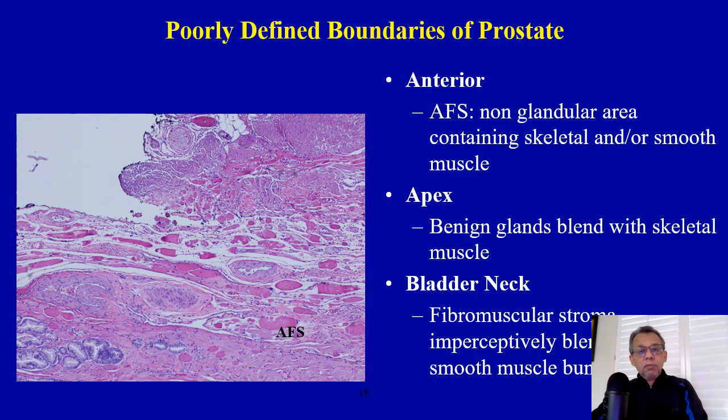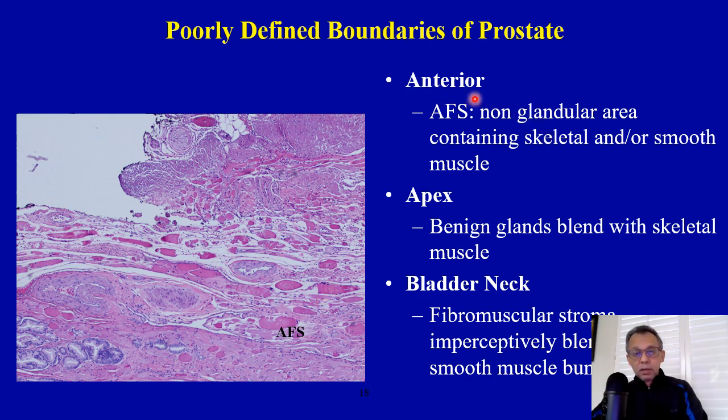So now let's define extraprostatic extension in these three particular sites where the boundaries are very poorly defined. What I mean by boundaries is that in the anterior, apex and bladder neck area, you are not going to find a clear-cut fibrous plane that would define a potential capsule type of interface.